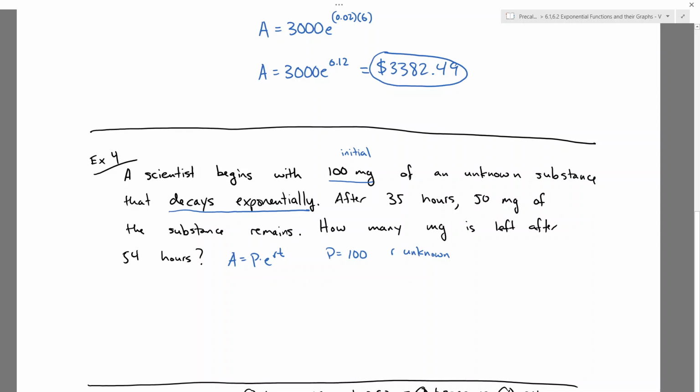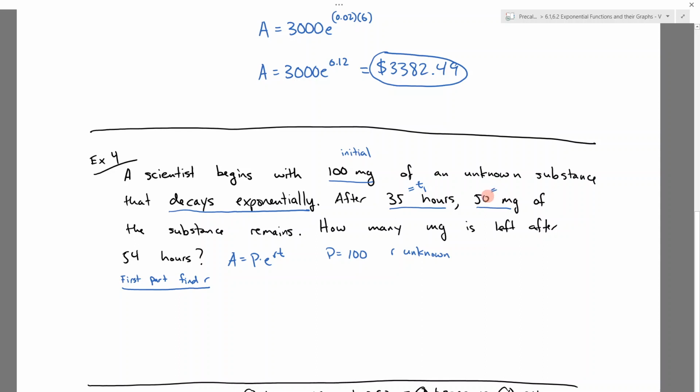Okay, so what this means is I have to do this problem in two parts. So first part is to find r. And I do that with this and this. So this would be t1, so that's the first time.